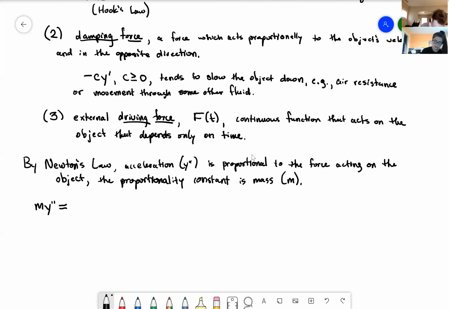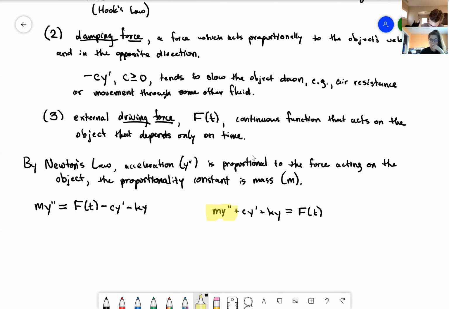And then acting on the object, we have the driving force, the damping force, and the restoring force. So we get this. And moving these to the other side, what we're left with is my double prime plus cy prime plus ky is equal to f of t.